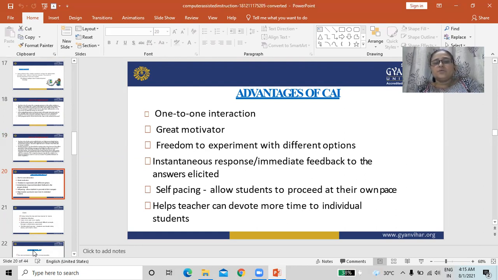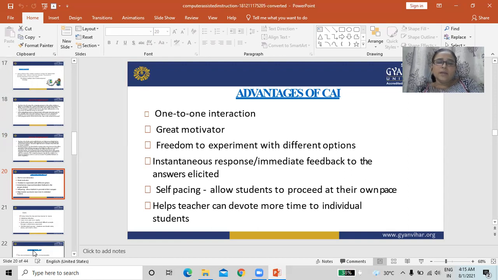Freedom to experiment with different options. Instantaneous response or immediate feedback to the answer elicited. Self-pacing allows students to proceed at their own pace.